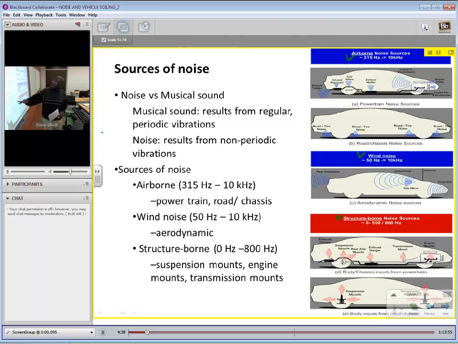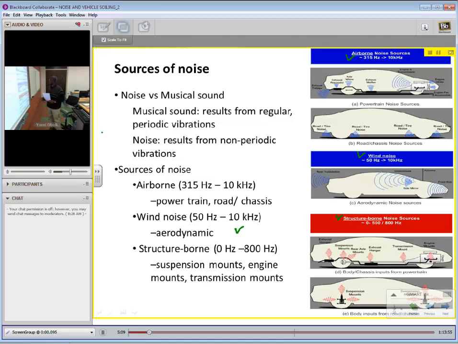But in the airborne noise, the frequency is usually between 315 hertz and 10 kilohertz, and they're the kinds of noise you get from the powertrain and from the road and chassis, road tire interaction, and the noise again from the chassis. So those would be airborne sources of noise. Wind noise is typically our aerodynamic noise.